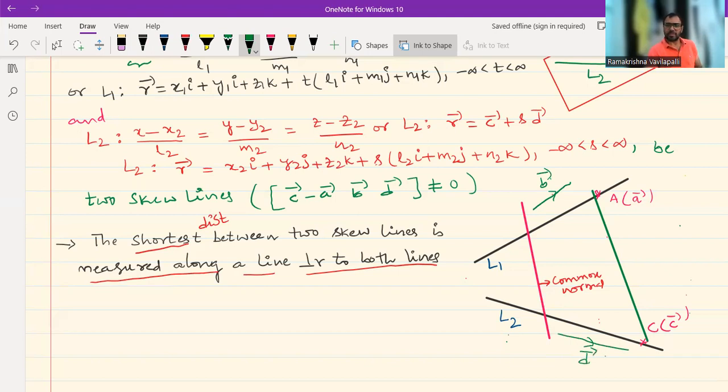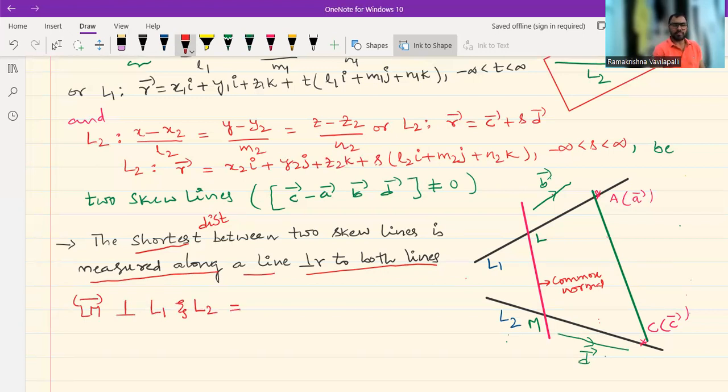And suppose the line which is perpendicular to L1 and L2 meets them at, assume, L and M. Now you see, LM is perpendicular to both L1 and L2.